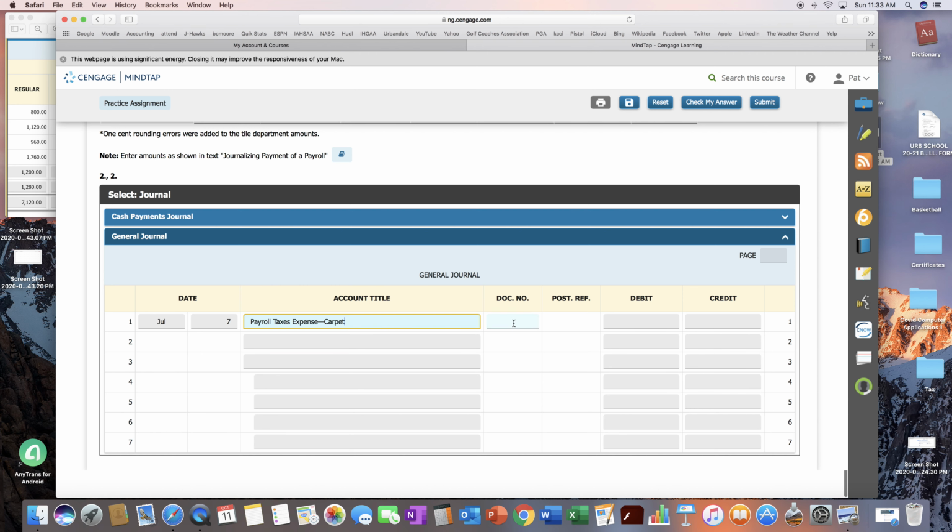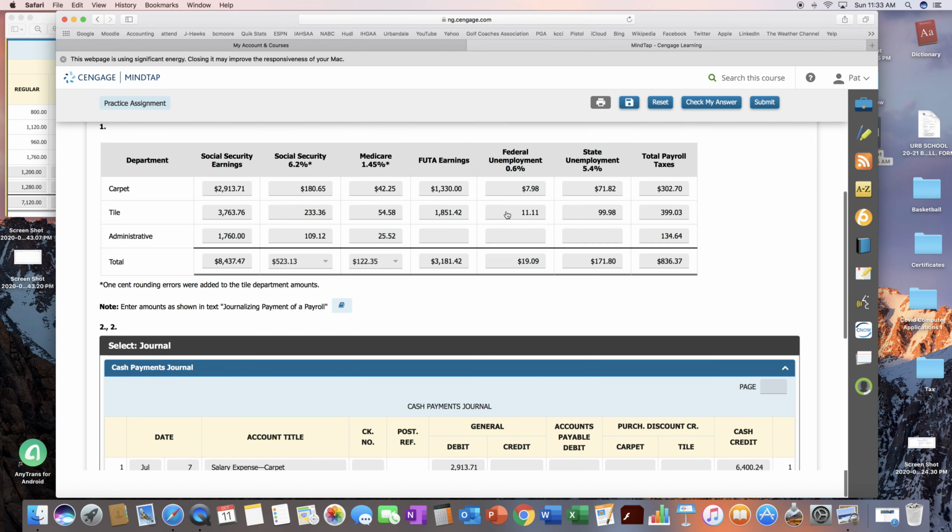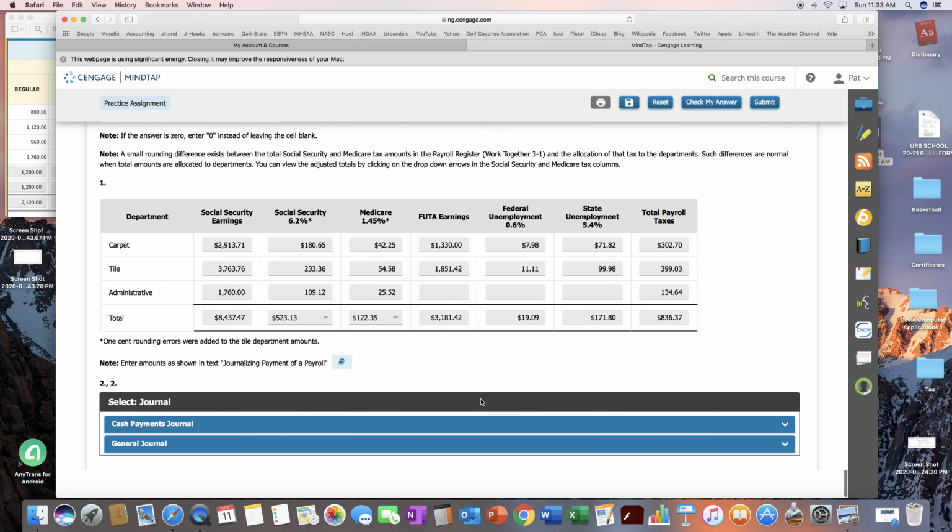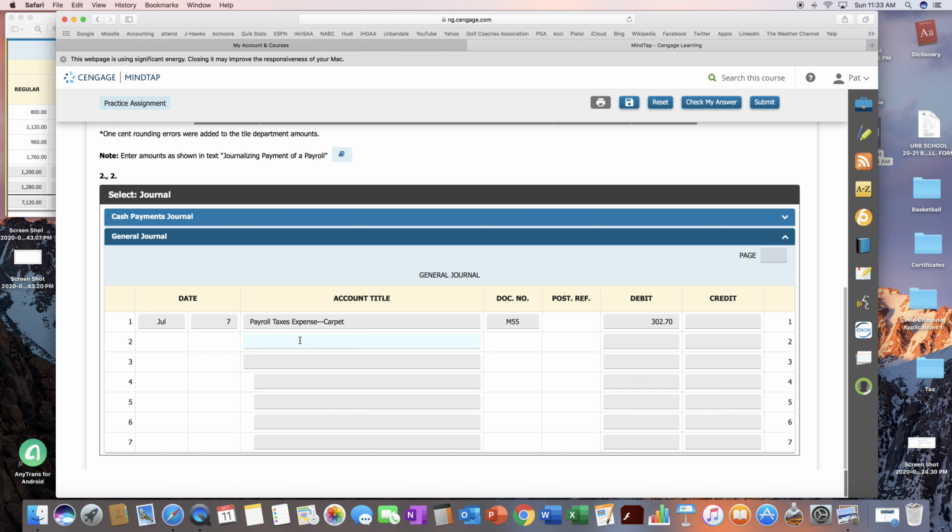What do you do with expenses? It's memo 55. What do we do with expenses? We debit them for the total of that table we found. So we're using these three numbers, total payroll taxes, and we're just calling them payroll tax, and tile.